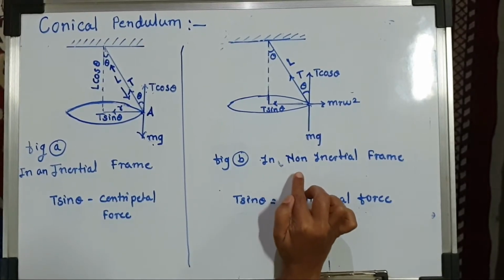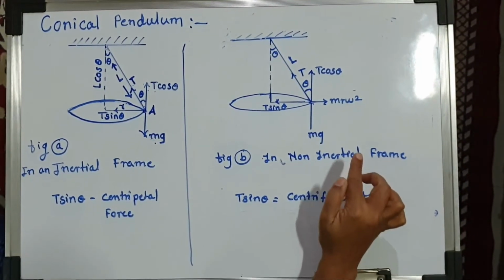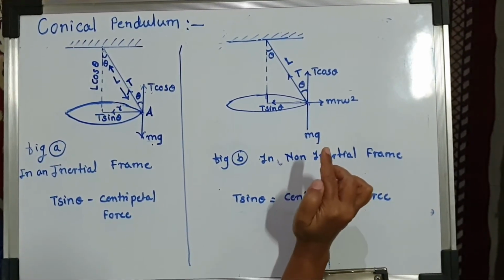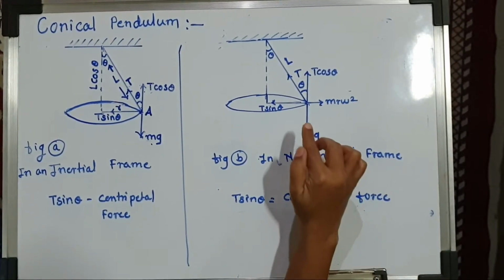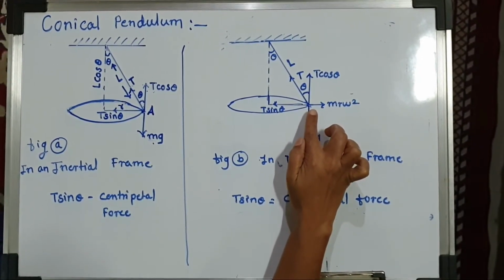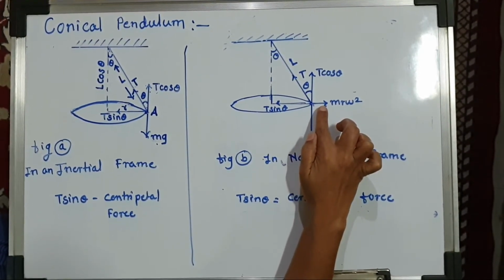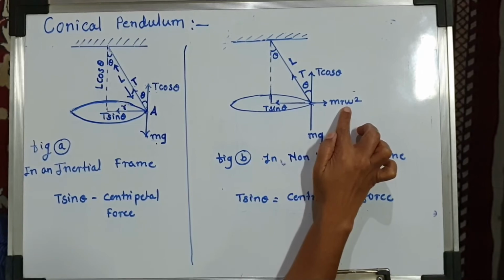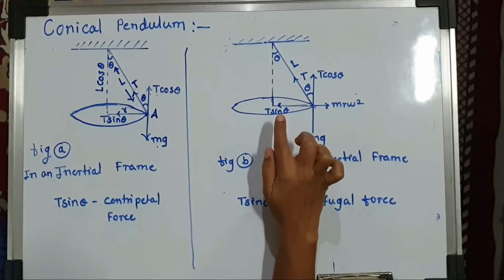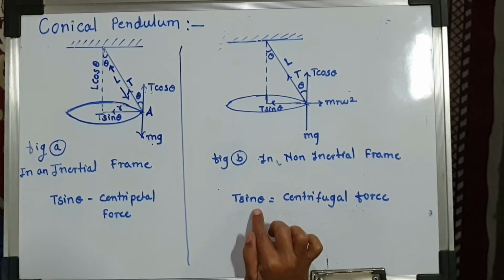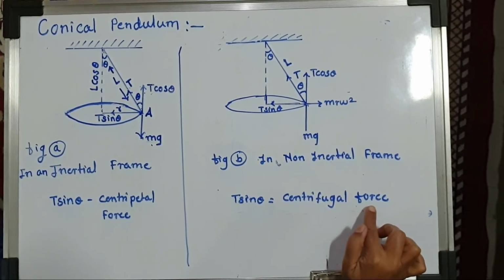But in a non-inertial frame of reference, a centrifugal force acts on the body, and this centrifugal force is away from the center of the circular path. This means the horizontal component T sin theta gets balanced by the centrifugal force.